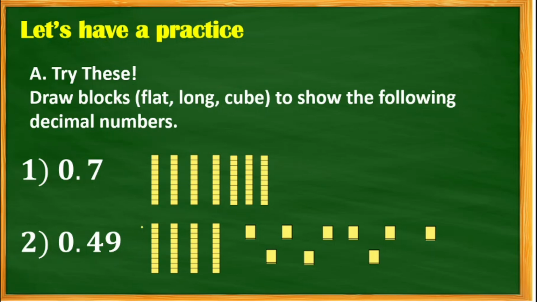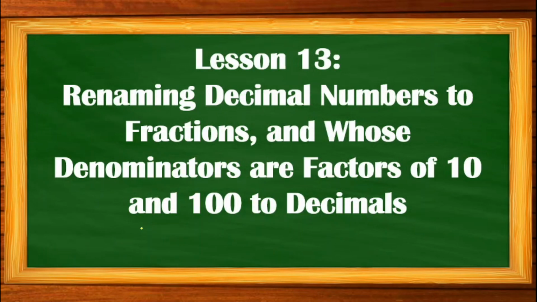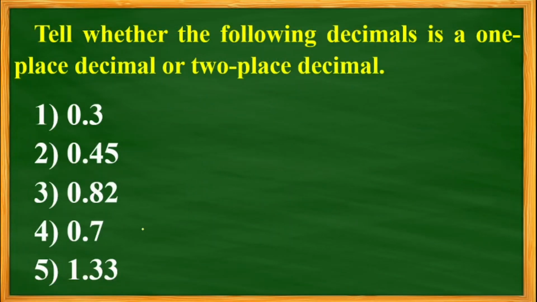Very good. So I hope you already master how to visualize decimal numbers. So let's proceed to lesson number 13. Rename decimal numbers to fractions whose denominators are factors of 10 and 100, and fractions to decimals. So let's have an activity first. Tell whether the following decimal is a one-place decimal or a two-place decimal.